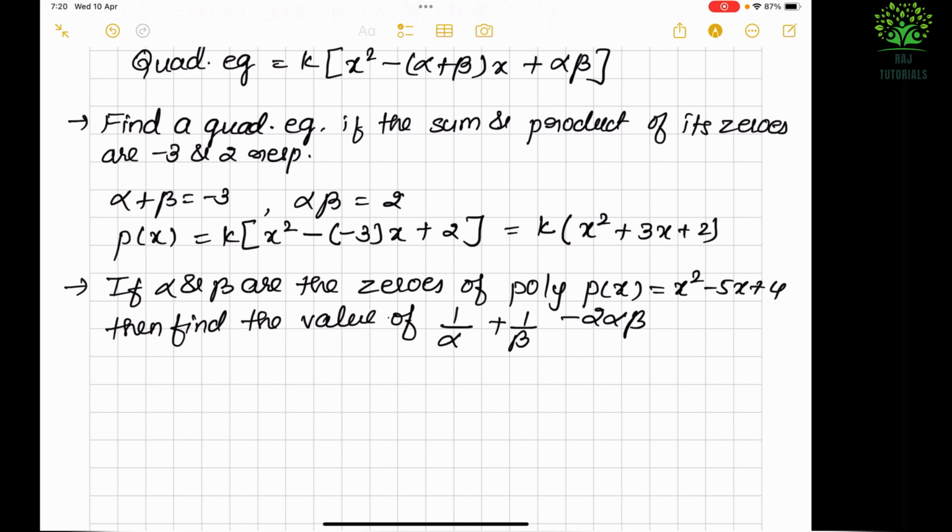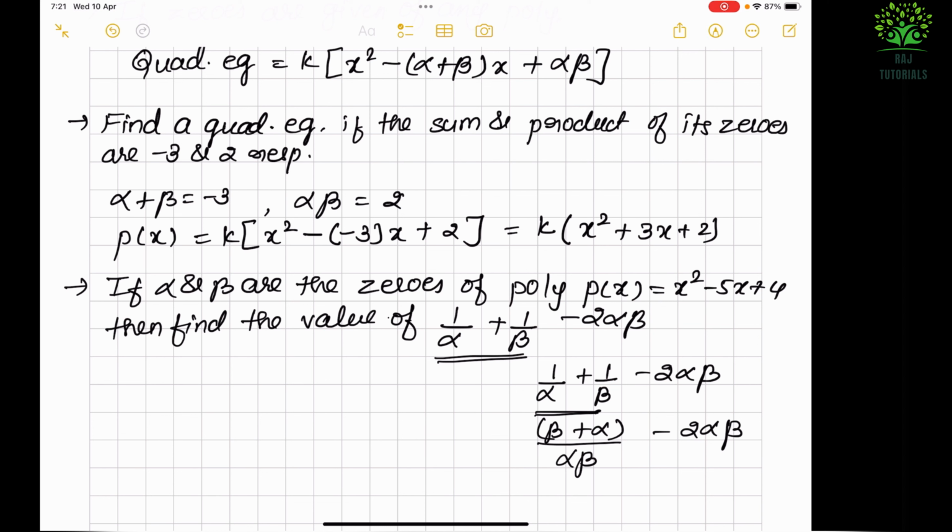See, here 2 alpha beta is given to me, but I don't know how to find this directly. So there is a technique to do that. First, if I take 1 upon alpha plus 1 upon beta minus 2 alpha beta and take the LCM of the first two, I will get alpha beta in the denominator and beta plus alpha in the numerator, minus 2 alpha beta. Now if I know the sum and product, I can find this solution. So let us do it. p of x equal to x square minus 5x plus 4.